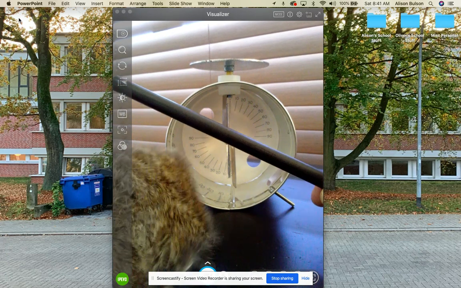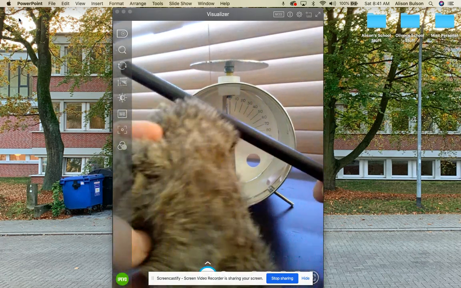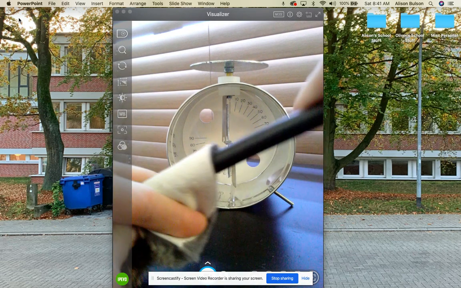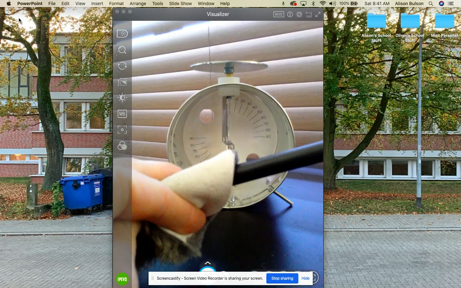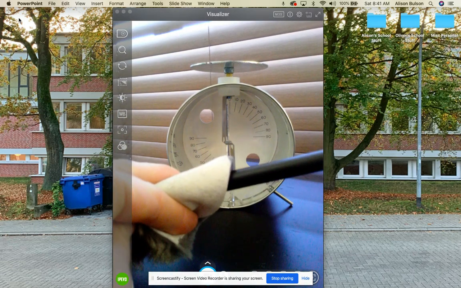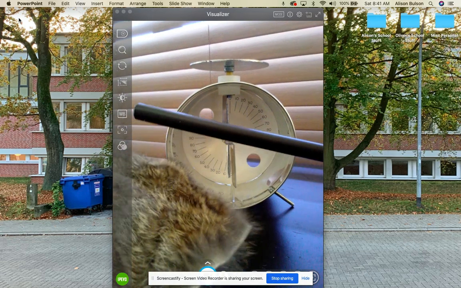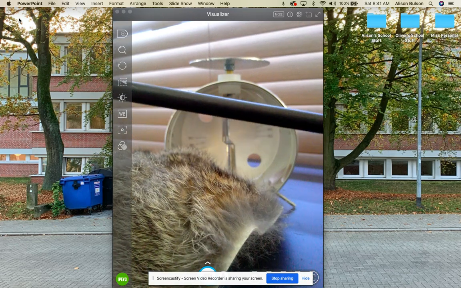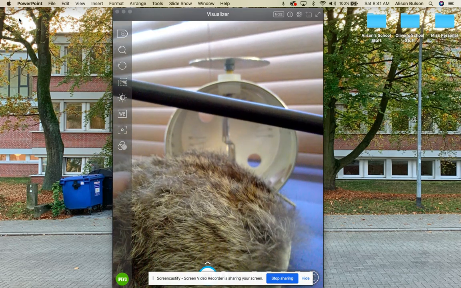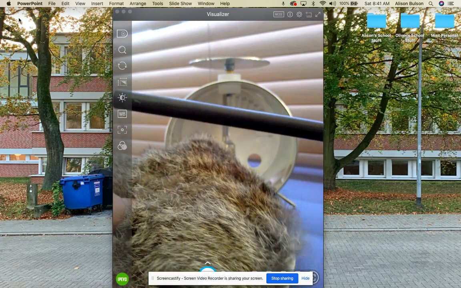If I rub them together, I'm transferring charges from the fur to the plastic, leaving the plastic charged with one type of charge and the fur charged with the opposite type of charge, if we follow our idea of conservation of charge.